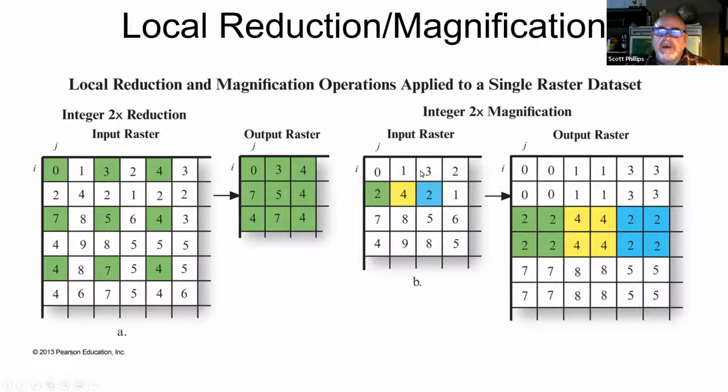Or here we want to take this raster and expand it so that we have more cells that retain values from some of the original cells. I don't actually see this used too much, but this would be more for dealing with aerial photography where you might want to shrink it. You know, if you work with Photoshop or something, you can reduce or expand the size of your image that you're working with. And that can be done with raster tools as well.